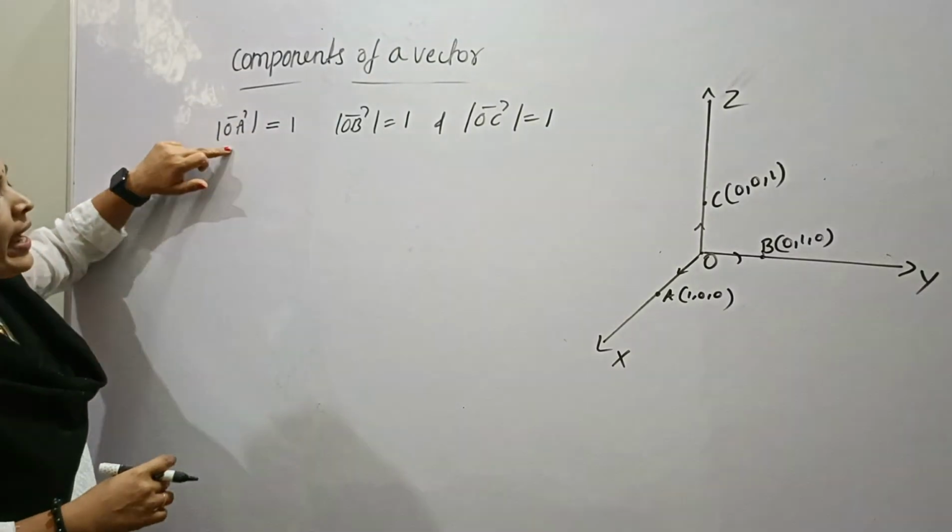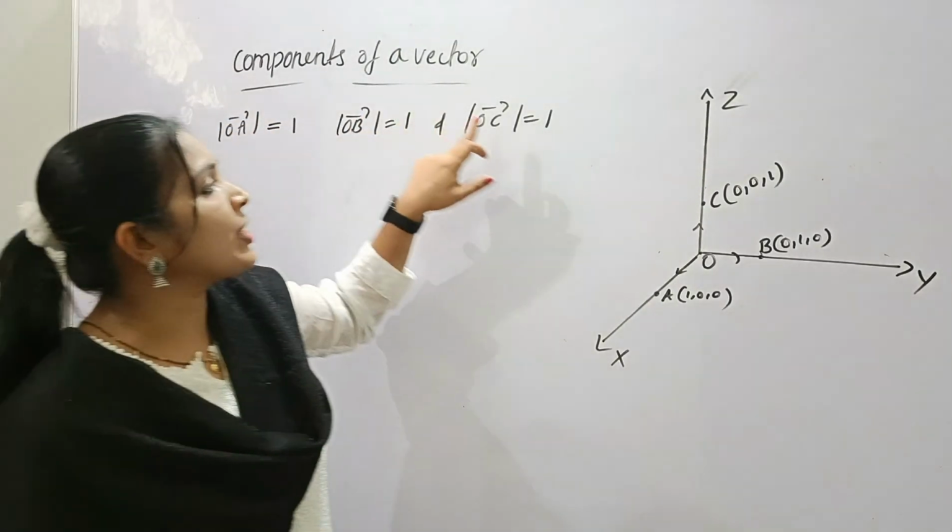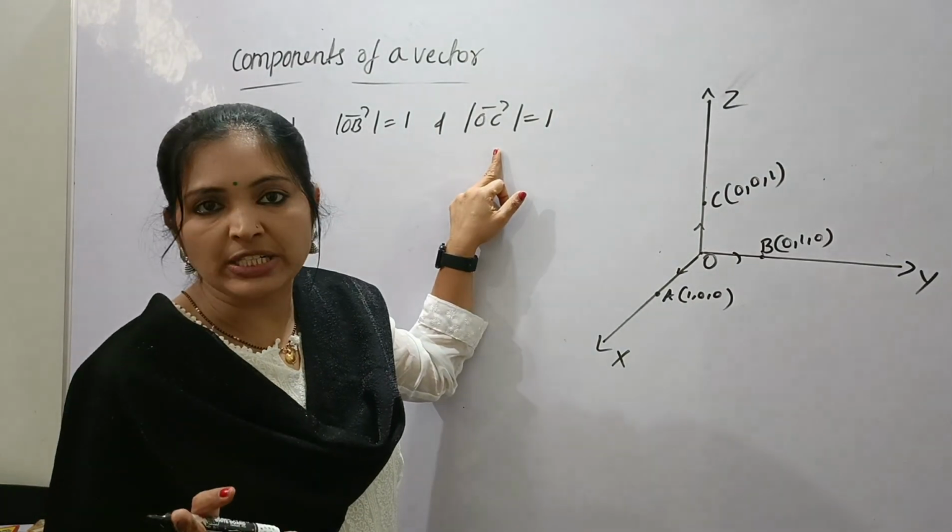Therefore, vector OA, vector OB and vector OC are unit vectors.